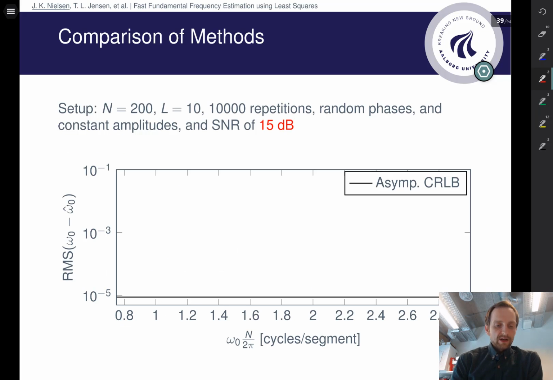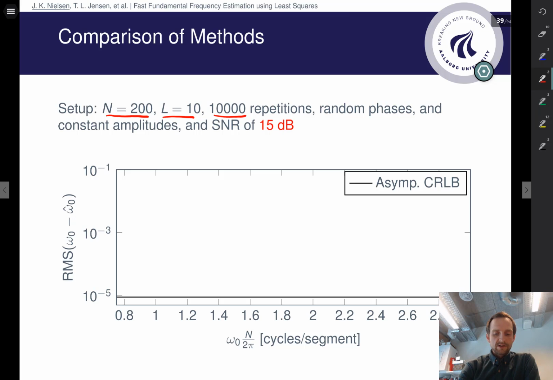So let's look at an example here where we compare some of the methods. We have 200 data points, we have 10 harmonics, and then we have 10,000 Monte Carlo runs, where in each run we randomize the phases, and we have constant amplitudes. The signal to noise ratio is 15 dB, and the noise is white and Gaussian.